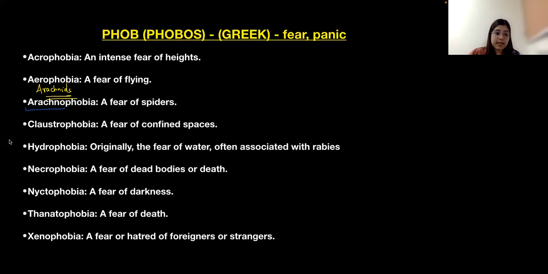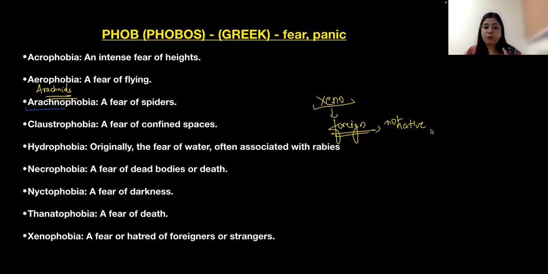Xenophobia, again, xeno is a prominent root word in itself. Xeno means foreign. Something that is not native to you. Something that is not indigenous. Something which is foreign. Xenophobia would be a fear of or hatred for foreigners.